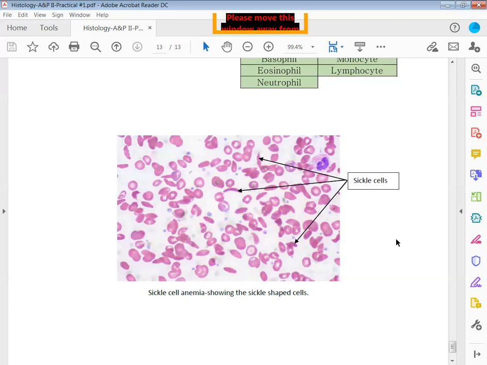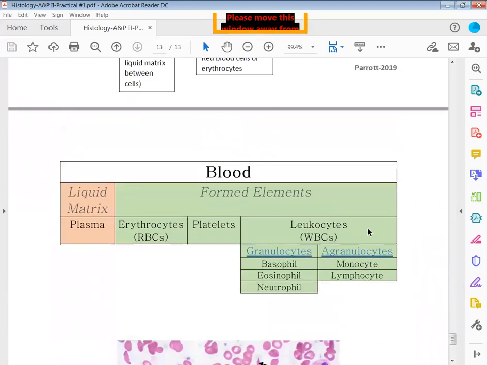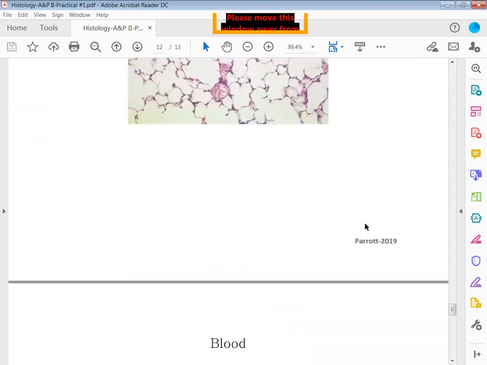That instrument is called a sickle. Each one of these resembles that sickle shaped blade. So this is called sickle cell anemia. Again, if you see this and I ask you to identify it on a practical, you're going to tell me sickle cell anemia. And that covers all of the histology that you need to know for practical 1.